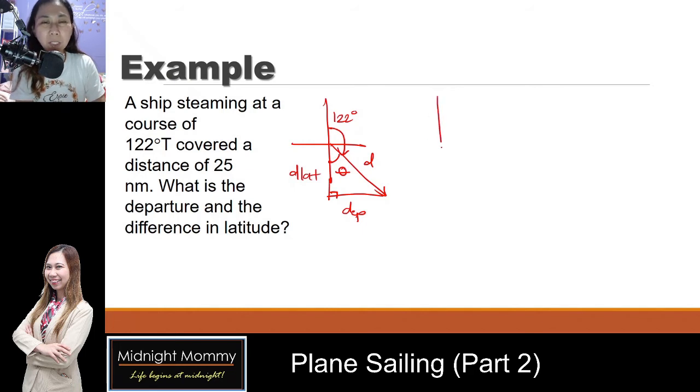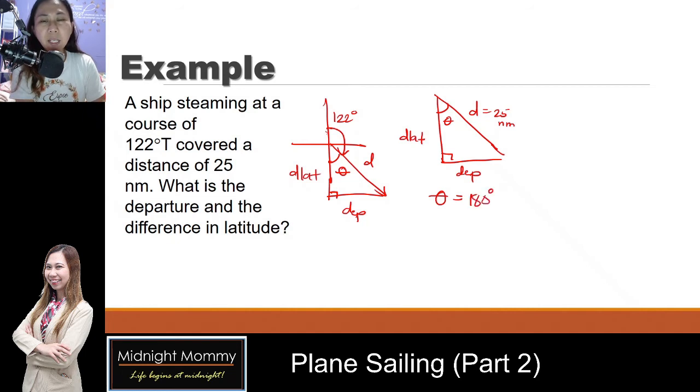So, susulat ko siya rito, or i-drawing ko siya rito separately. Yan, so this is theta, D, departure, and dilat. Okay, so ang D natin is again 25 nautical miles. So, para ma-solve natin yung value ng theta, okay, so remember na itong buong angle na yan, itong buong straight line is equal to 180 degrees.